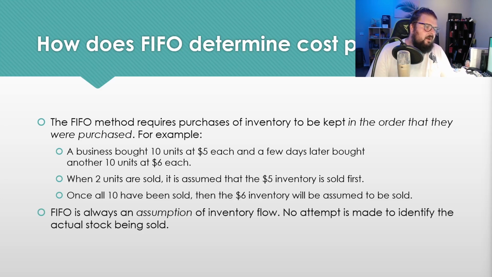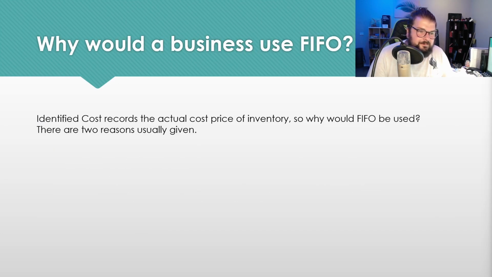Now, FIFO is an assumption. It doesn't mean that we actually attempt to sell that stock first. There's going to be times where it's absolutely impossible to tell which stock is sold first. And this is at a time where we need to consider what method we're using.